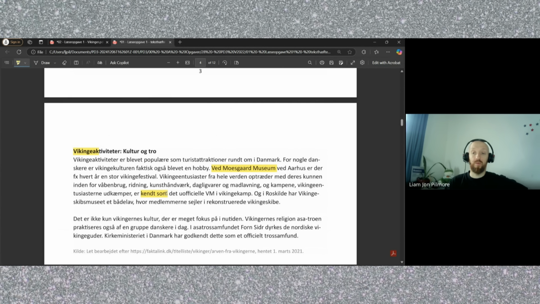So if I now read this entire sentence, let me go all the way back to here. Vikingeentusiaster fra hele verden optræder med deres kunnen inden for våbenbrug og redning. Kunst, håndværk, dagligvarer og madlavning og kampene vikingeentusiasterne udkæmper er kendt som det uofficielle VM i vikingekamp.